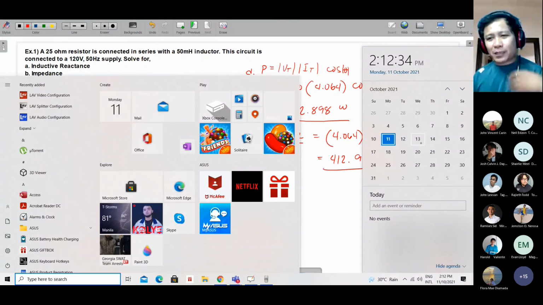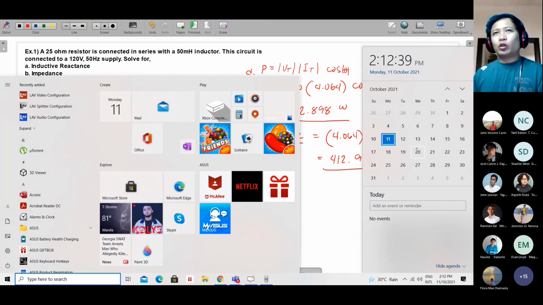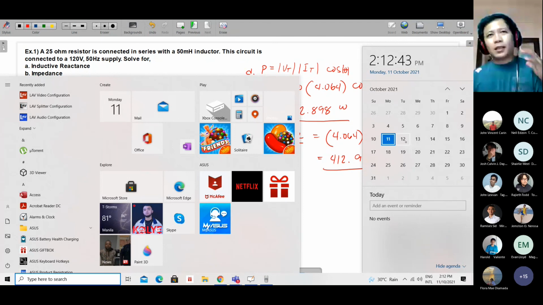So medyo paspaso na ko gamay ha kay tulo ka topics nga kailangan ako i-discuss. So next meeting, i-discuss na ko ang series, ang combination sa RLC, ang combination anang tulo. Then inig ka Friday, duha ka topic. Ang pinaka-importante ang resonance ug ang power factor correction.